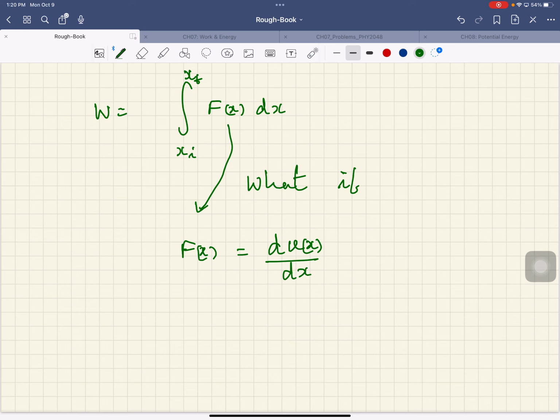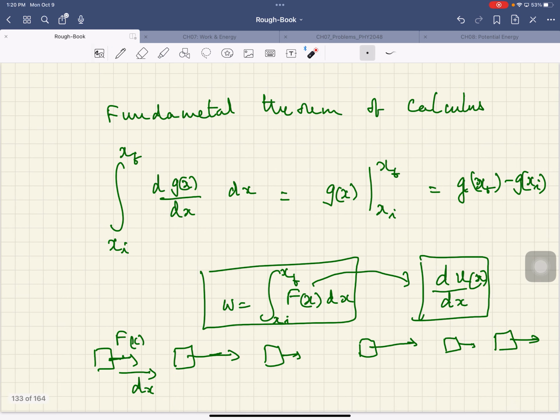All right, so let's do the integral. What if your force can be given by that function, the derivative of a function? Then the work done by your force is the integral of du by dx. Do you know how to do this integral? This is what the fundamental theorem of calculus tells you.